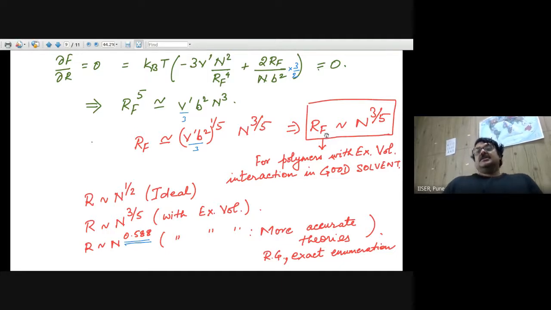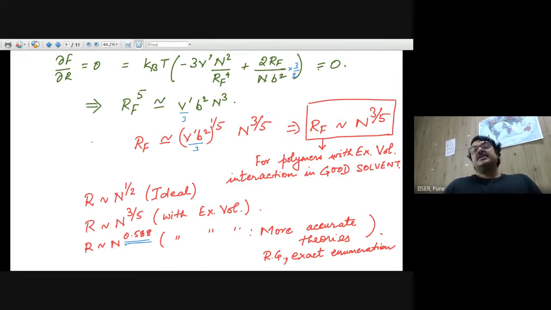So this is an estimate of the size, the radius of gyration if you like. The end-to-end distance, square average, and you take the square root, which gives you an estimate of the size, was going as n to the power half for the ideal polymer chain.